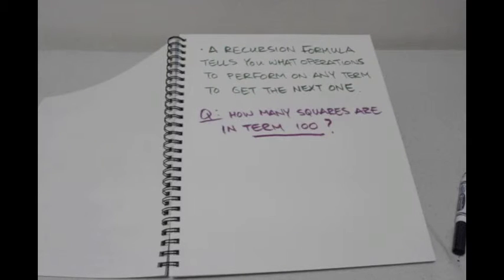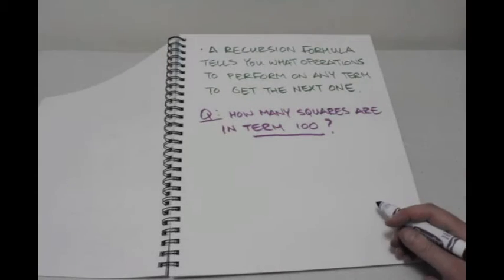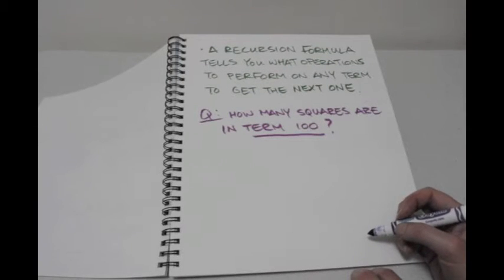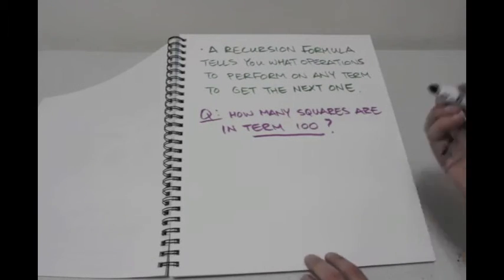Can you see what the problem is? The problem is that we actually don't know how many squares were in term 99, so that will make it very difficult for us to get to the next term, which is term 100.